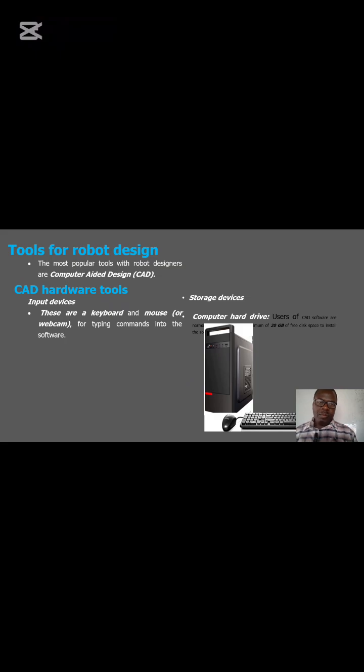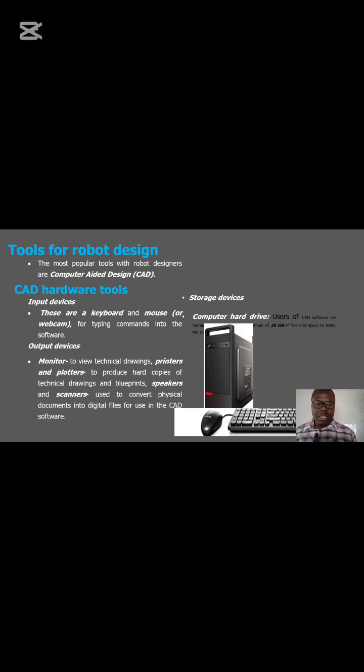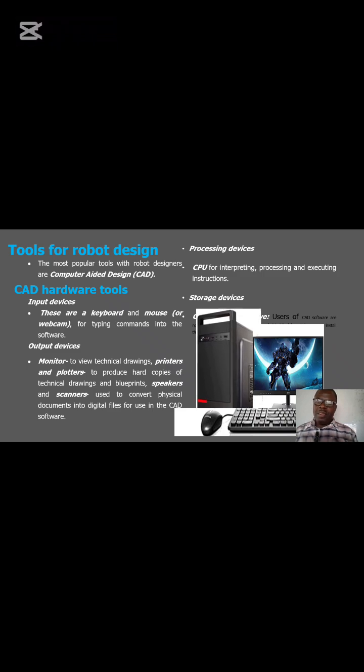The hardware tools, we have the input devices, which include the keyboard, the mouse, or the webcam, which is used for typing commands into the software. Then we have the output devices. The output devices are the monitor and printers, etc. Then we have the processing devices. The processing devices, the CPU.